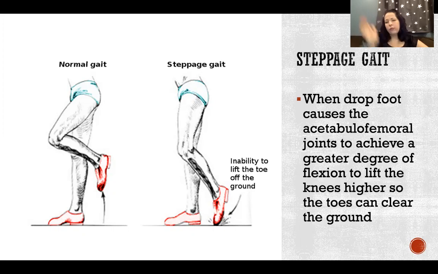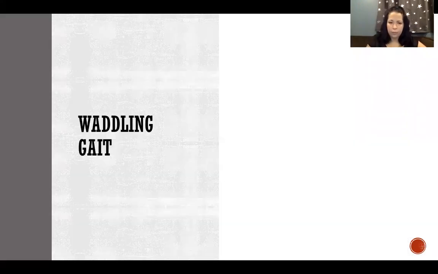If the foot is dropped and we're in plantar flexion during swing, we have to lift the whole limb higher as we swing through so that the toes can clear the ground. So that causes a steppage gait. This person would have to have greater hip and knee flexion to get the toes to clear the ground because they're not dorsiflexing sufficiently. So then you get that high stepping.